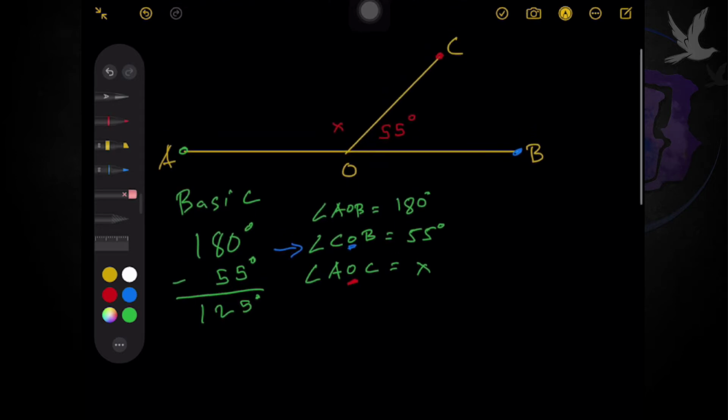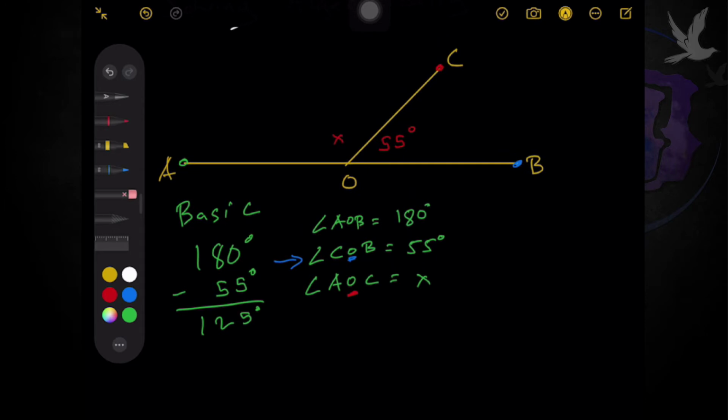So we now have angle AOB, which consists of the entire straight line, angle COB, which is equivalent to 55 degrees, and angle AOC, which is our missing value. So, ang gagawin natin dito ngayon is to put them all up in one line. Equate everything. Knowing that angle AOB is the total, angle AOB is equivalent to angle AOC plus angle COB.